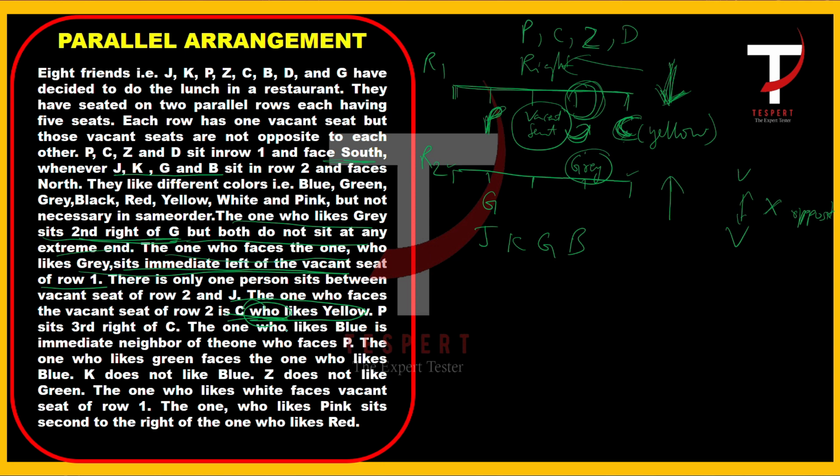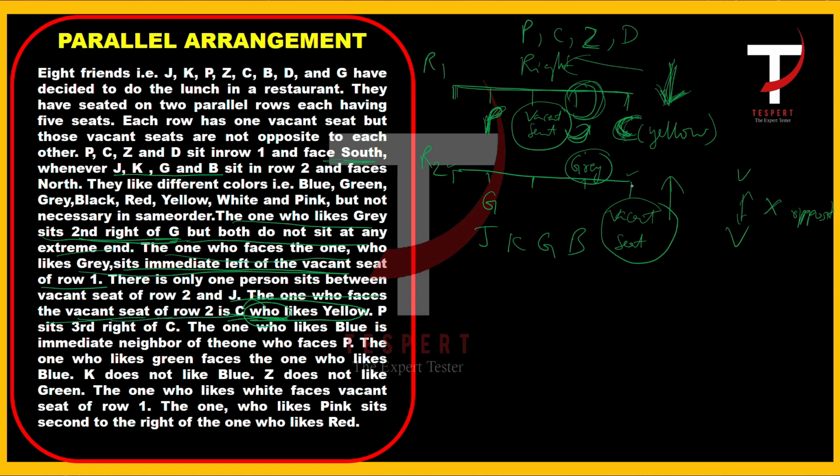There is only one person who sits between vacant seat of row 2 and J. So vacant seat of row 2. So this is vacant seat of row 2. Why? Because the one who faces the vacant seat of row 2 is C. See, it's given here. So as C is here, the vacant seat will be here.